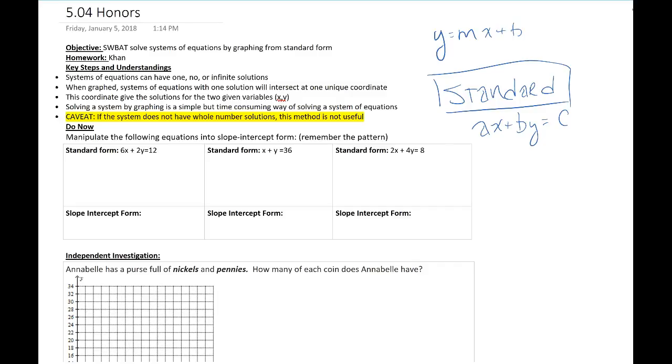So what I want you to do is have your students run through the do now, just remembering the pattern of how to convert from standard to slope-intercept.